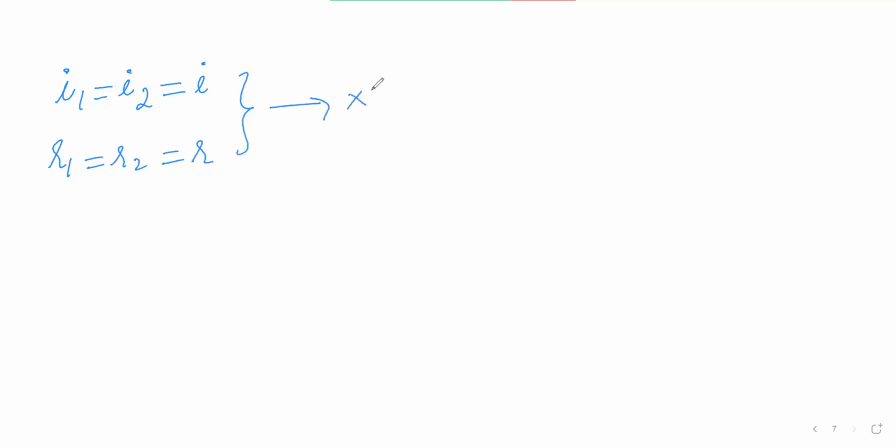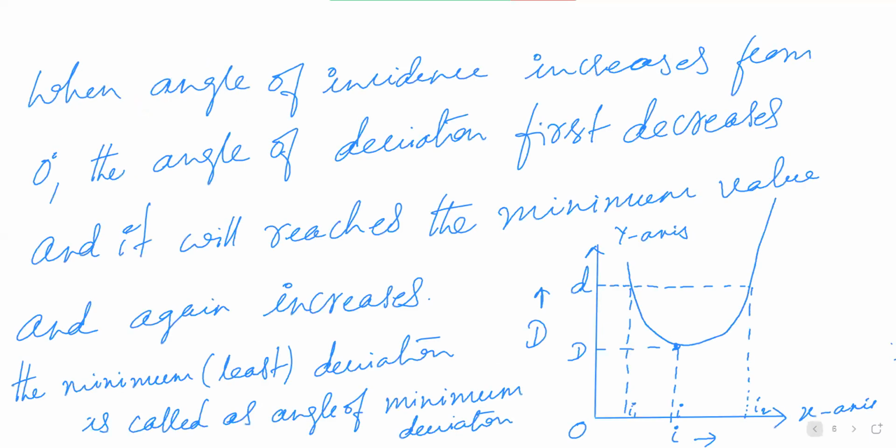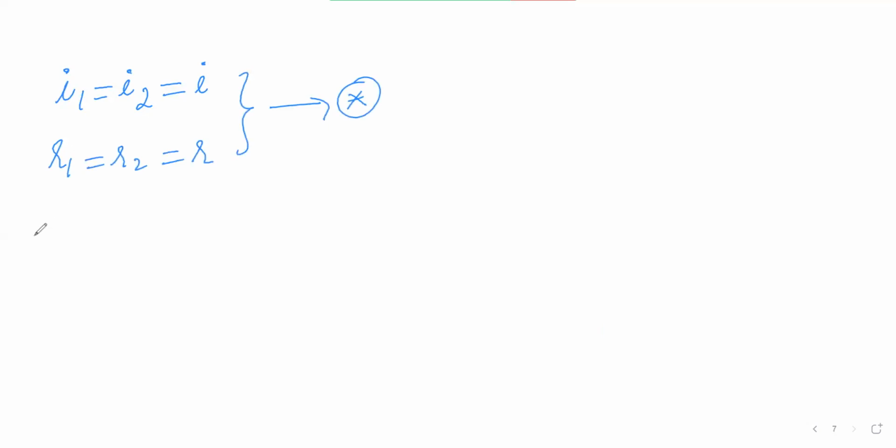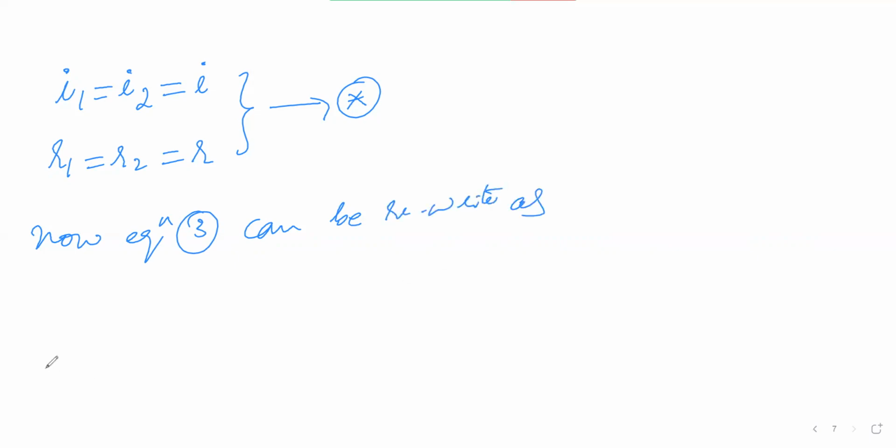You can call this as a star. But we already know that in the third equation, A equals R1 plus R2, right? So equation 3 can be rewritten as A equals R plus R, because R1 equals R2 equals R only, right?